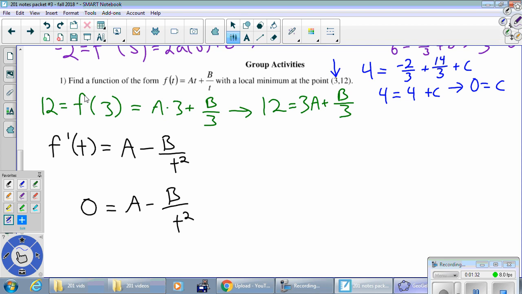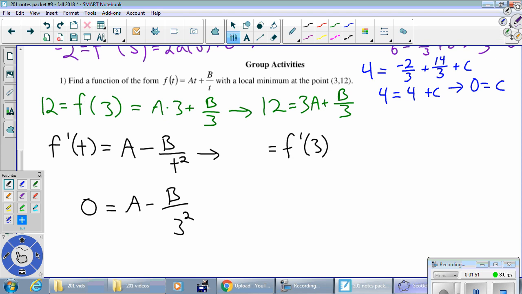It's not a matter of solving this equation for t, it's that I know this derivative is equal to 0 when t is 3. So I get to put a 3 right there. I guess I could have written up here that f prime of 3 must have been either 0 or undefined, but 0 for most cases.